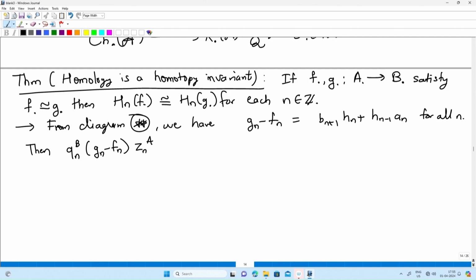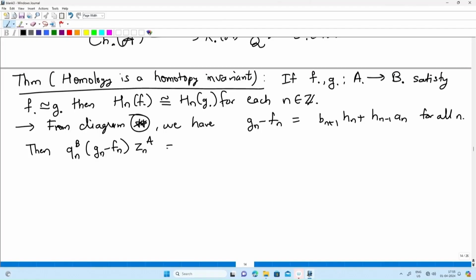It is the kernel of An, and Qnb is the co-kernel of Bn. So what will this be? This will be Qnb Bn plus 1 Hn Zna plus Qnb Hn minus 1 An Zna.